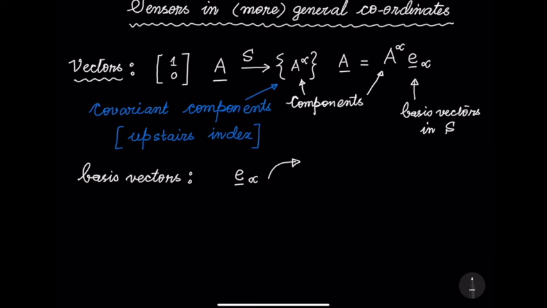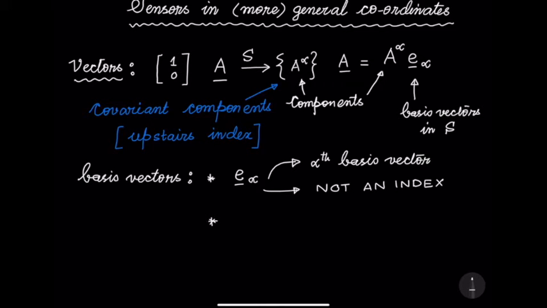This is the alpha-th basis vector. This is important to understand. An index is downstairs, whatever it is. So for a vector, I will not write an index downstairs. It is not an index.